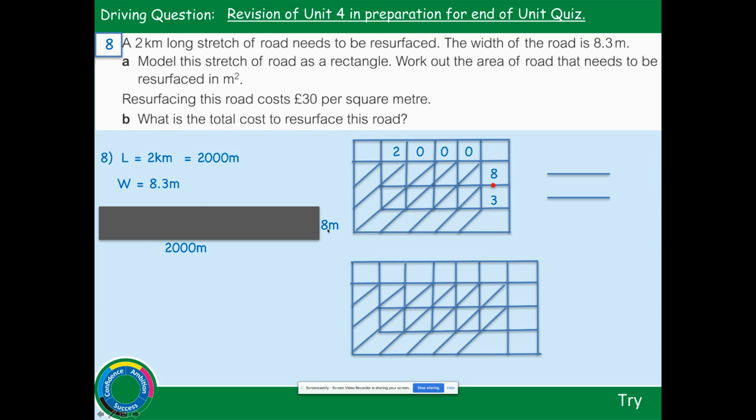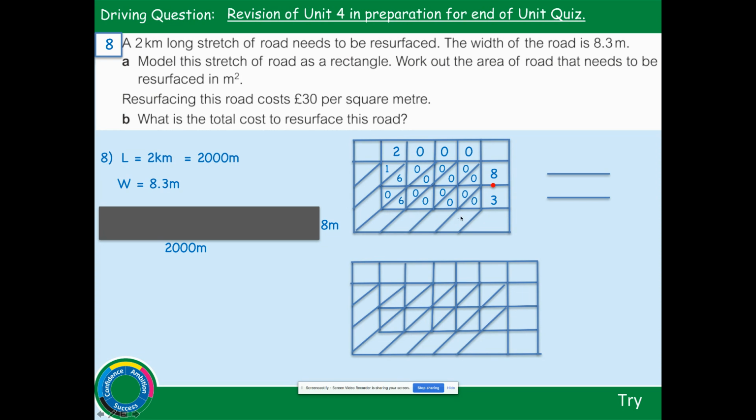Oh, 8.3 metres. I've put 8 there. It should be 8.3. So this little box here is all going to be zeros because anything times 0 is going to be 0. So I'm just going to fill those in quickly. 2 times 8 is 16. Again, we're going to have zeros along here because anything times 0 is 0. 2 times 3 is 6.